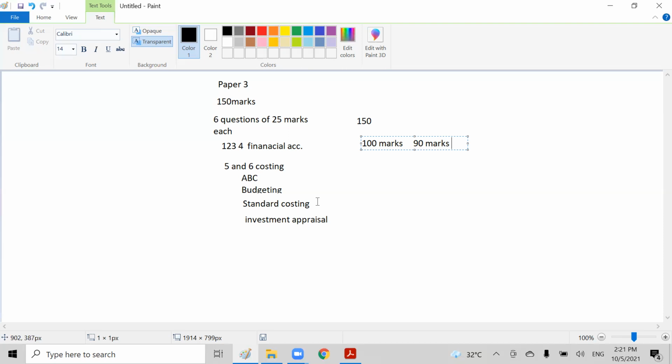You're getting my point, Kamil? Yes, sir. So it takes 6 months, not 3 months. In 3 months, you won't be able to cover all the course, including past papers. And if you are not able to solve 10-year past papers, you won't be able to attempt paper 3 at least. It is not possible because it is one of the complex papers in accounting.